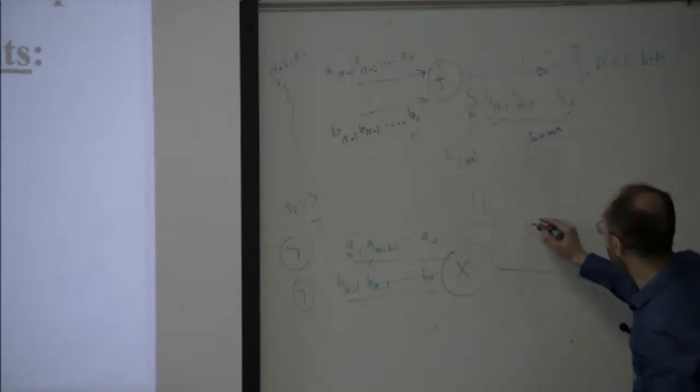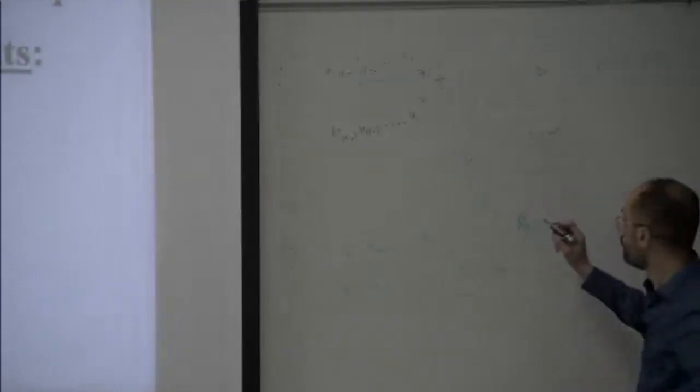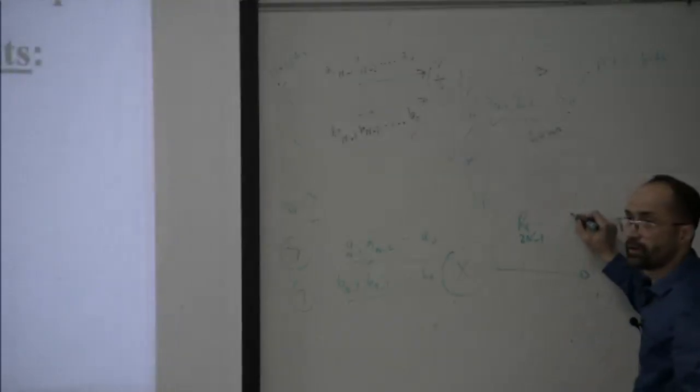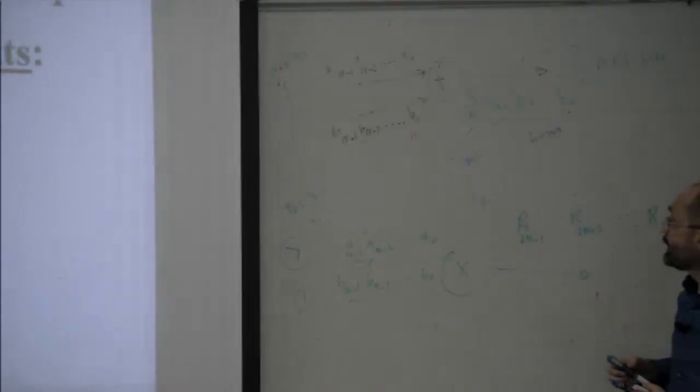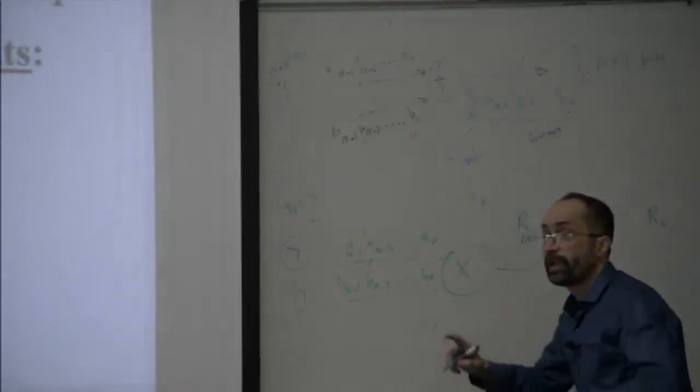So we call the result r2n minus 1, r2n minus 2, until r0, because this is 2n bits. Now let's assume n is 4.